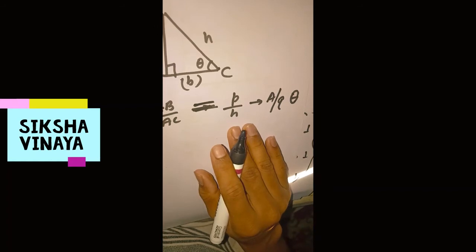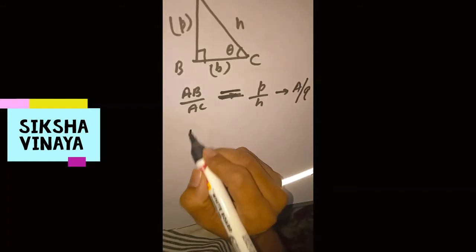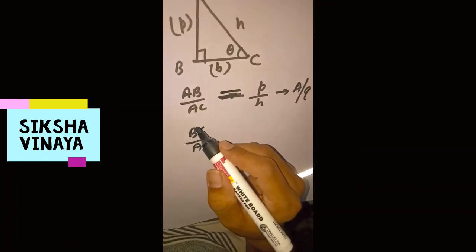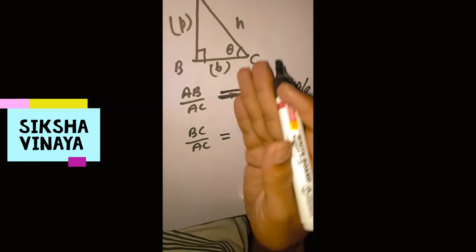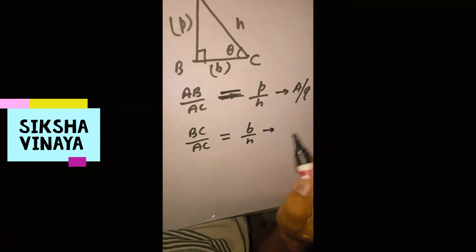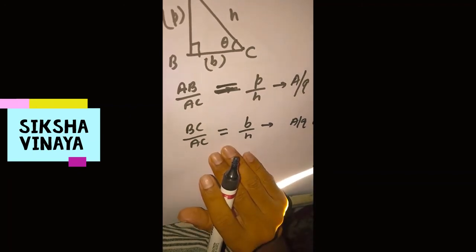Now if I say BC by AC, it is a simple ratio. But if I convert it into the perspective, it becomes B by H. That means our perspective is here, according to theta.